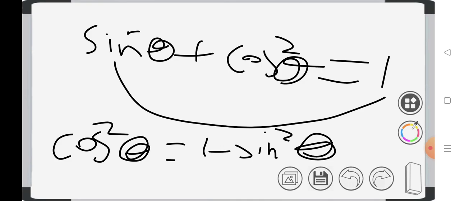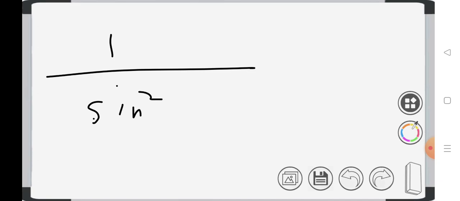Now according to that I am changing that one, so then what will it become? 1 by sin square theta into cos square theta.